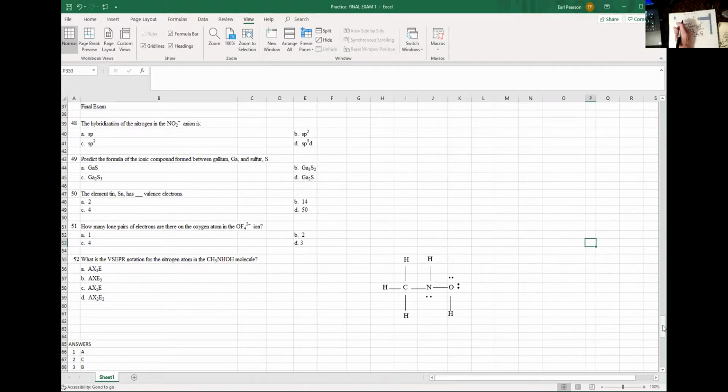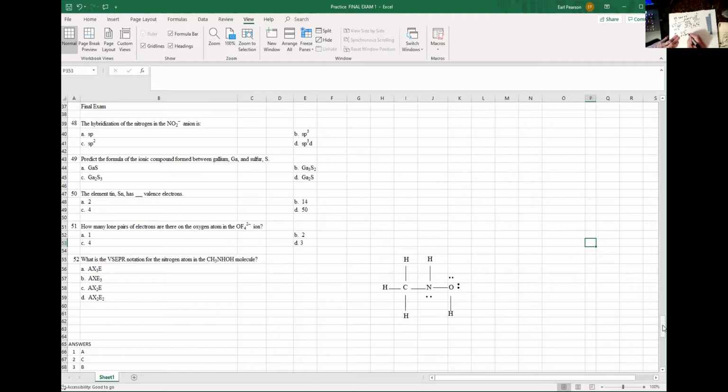Very good. How many lone pairs of electrons are there on the oxygen atom in OF4 2-? We've done this kind of problem several times also. Okay, let's see. I don't like that one, but I'll duck my head and do it.